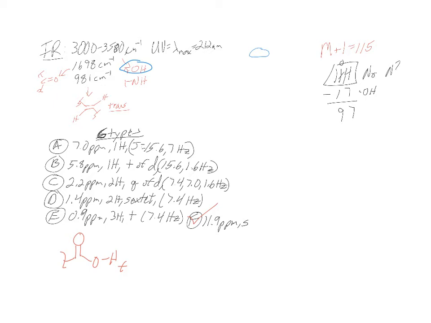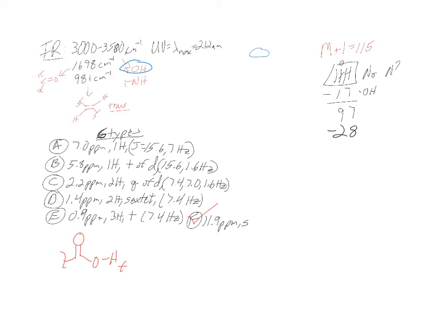What's oxygen 16 plus 12, 44, minus 45? Good call. We've already subtracted out the OH, so we can't subtract that out again. So this is C and the O. So carbon and an oxygen would be 16 plus 12, 28.